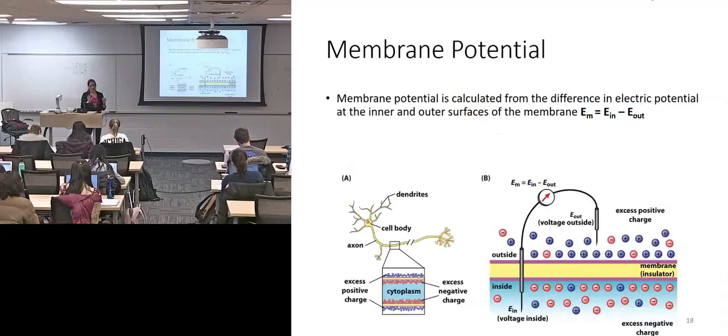Okay? Another convention, a convention for our textbook and that we'll use here, is that the membrane potential is calculated as the difference on the inside minus the outside.